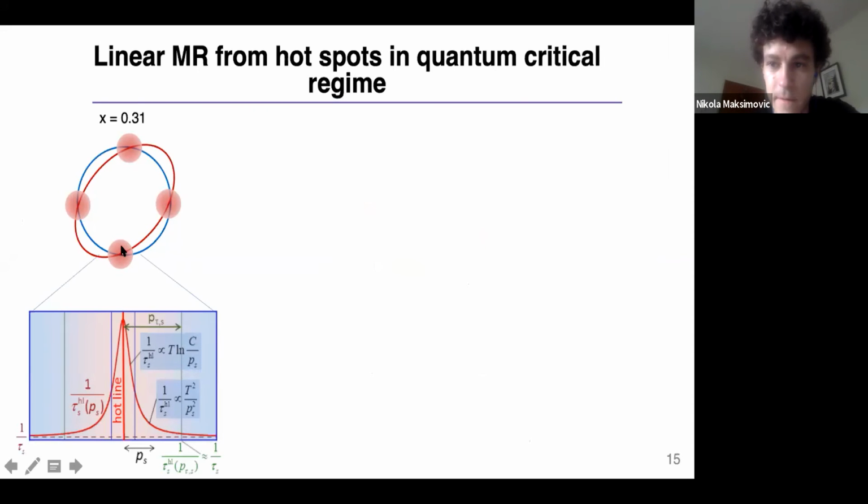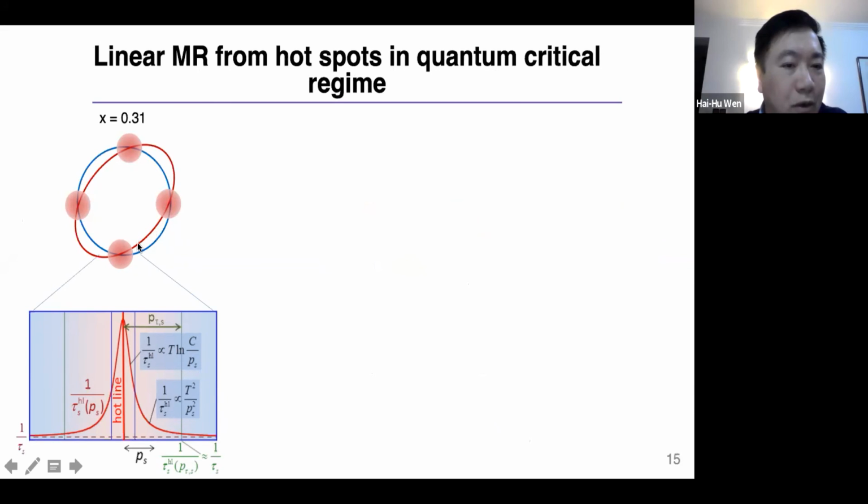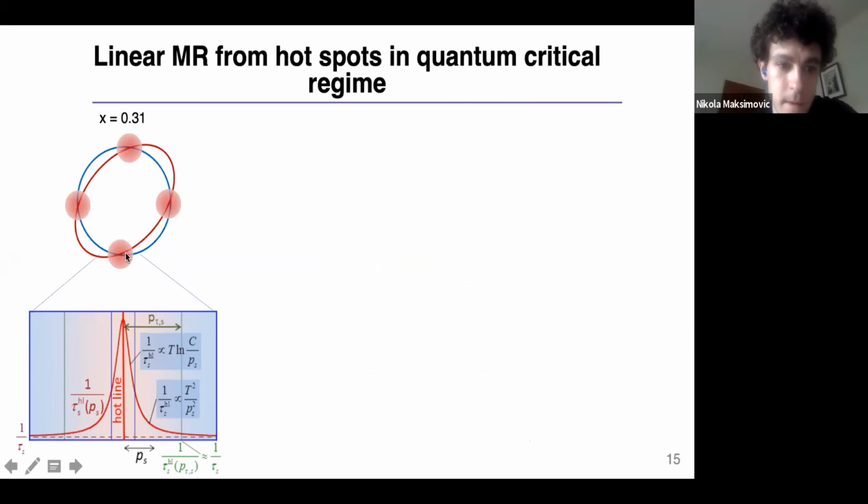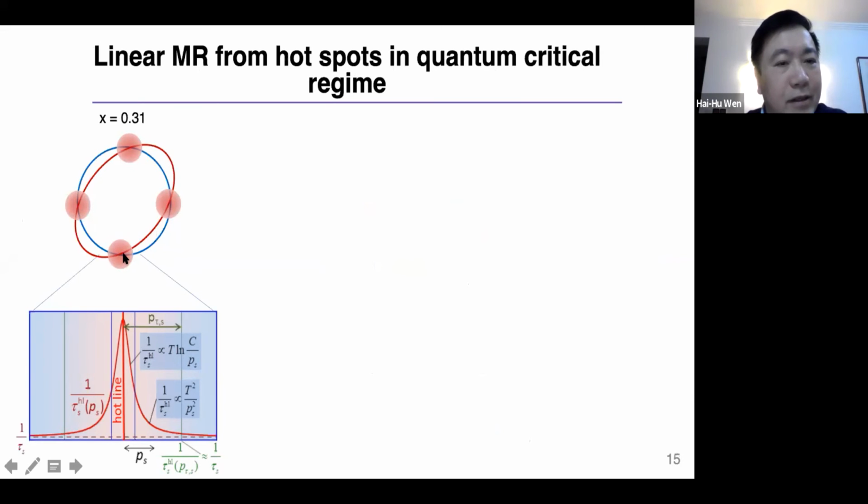So orbital motion will occur on both pockets. You mean the scattering between the hole and the electron pocket, or within the pocket here? This antiferromagnetic scattering occurs between pockets. Oh, I see. Yeah. Okay, that's right. I see. So a question: does this scanning result have any relation to the superlinear resistivity? I mean the temperature dependence.